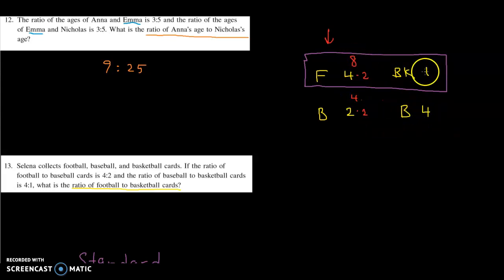The ratio is 8 to 1. And just think about that for a second. What we're saying is that if I've got 4 baseball cards, I must have 8 football cards. But we're also saying that if I have 4 baseball cards, I must have 1 basketball card. So that must mean the relationship between football and basketball would be 8 to 1. For every 8 cards in football, there would be 1 card in basketball. 8 to 1, and we're done. Hopefully that made sense.